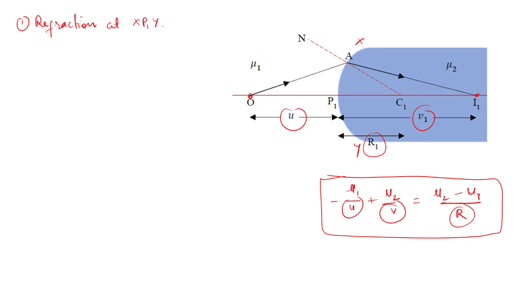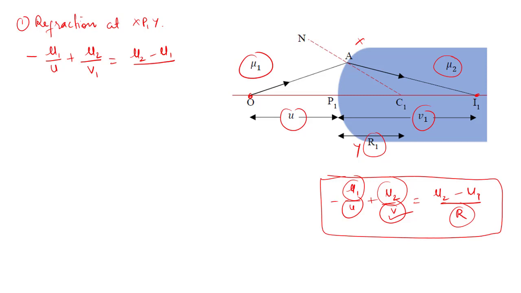The ray comes from refractive index mu1 to the material of refractive index mu2, so it obeys this order. So I can write -mu1/u + mu2/v1 = (mu2 - mu1)/r1. The radius of curvature of this curve is r1. This is equation 1.